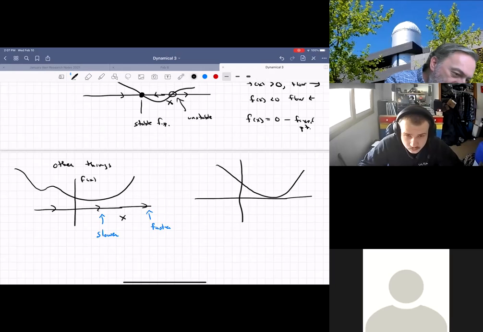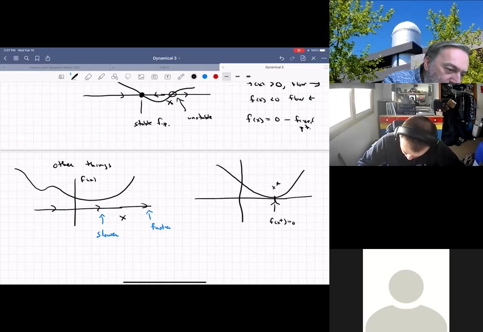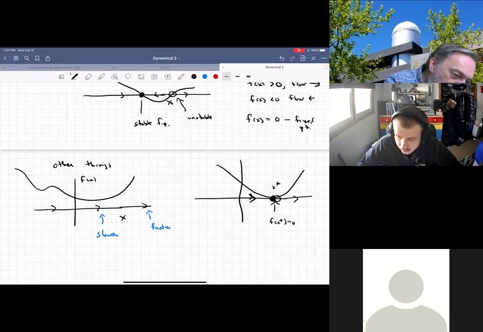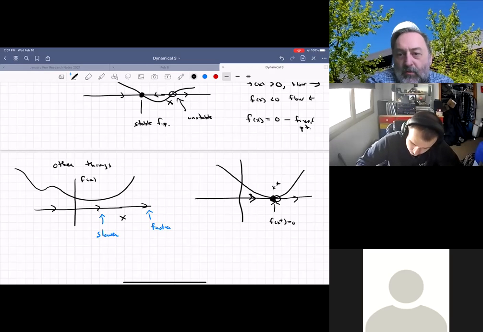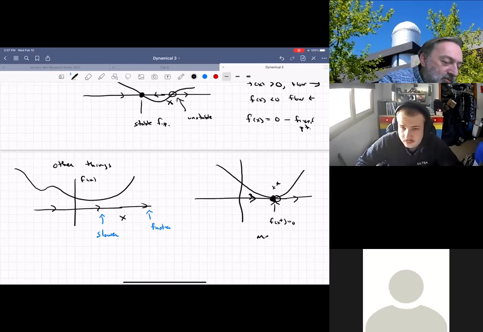Or if f of x looked like this, then at this point right here, f of x star is 0. At this point here, say x star. I would see that the flow is to the right always. But what I would do here is I would mark it with a half filled circle, because this is what I'm going to refer to as a metastable fixed point.